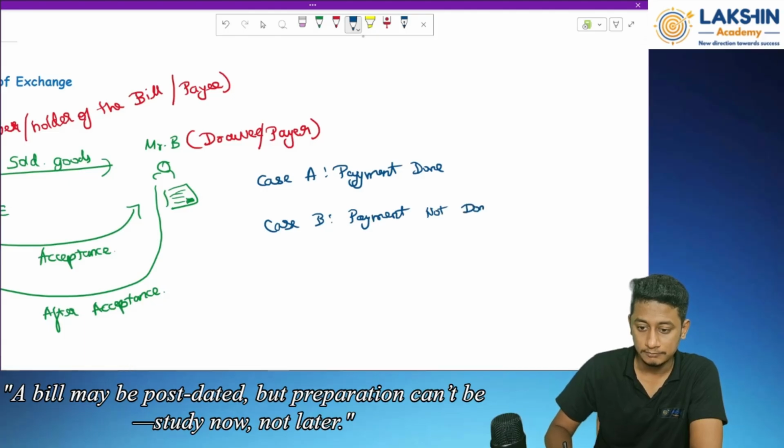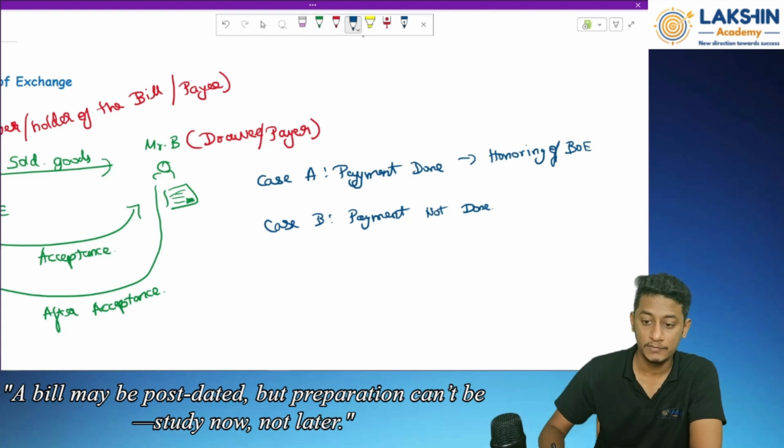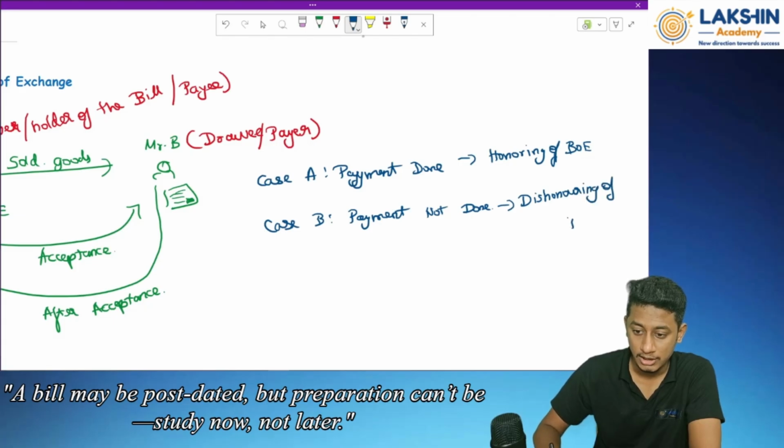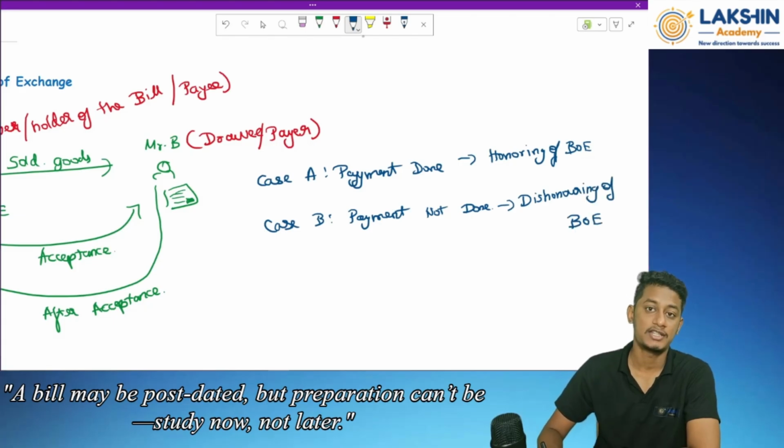Payment done will be termed as honoring of bill of exchange. Payment not done will be termed as dishonoring of bill of exchange.